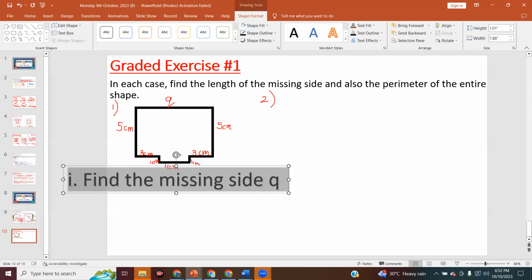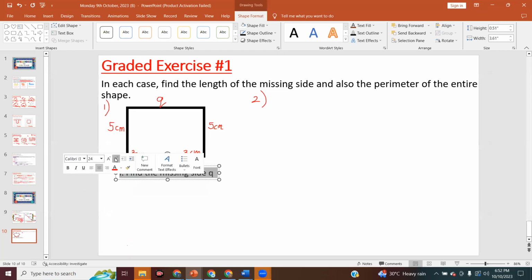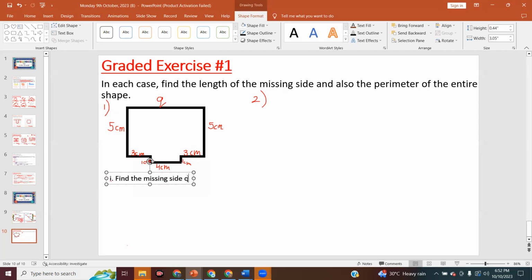And then once you find it, I need you to tell me what is the perimeter of the entire shape. That supposed to be 1 cm on the 3. Yeah.